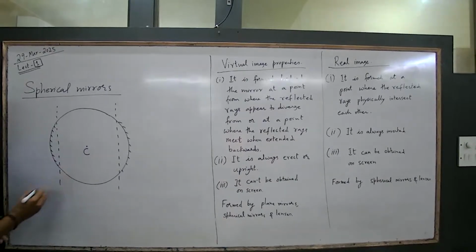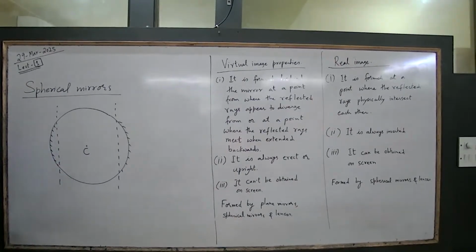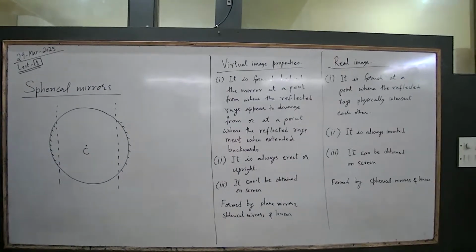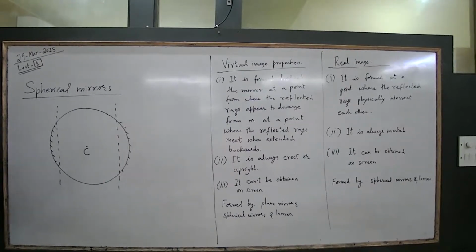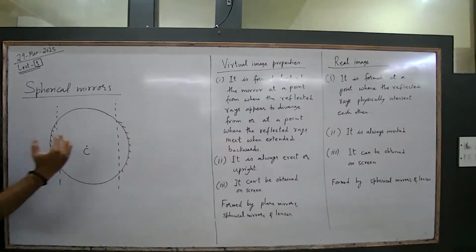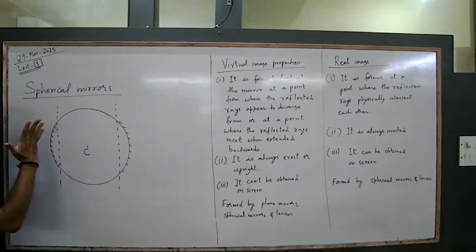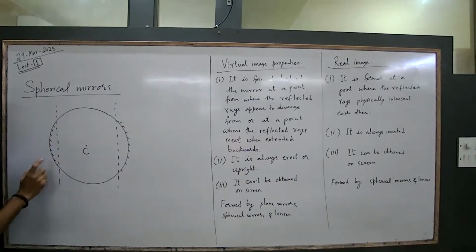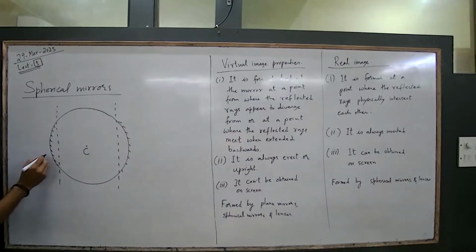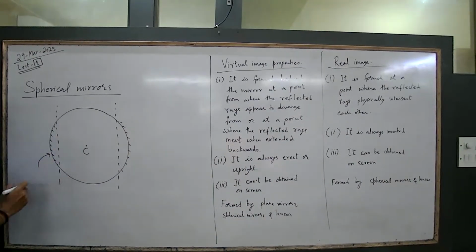So what you'll get is 2 bowls, kind of like a spoon. A spoon is oval; imagine a spherical spoon. So this will be one part, and this will be another part. One is the reflecting side, the other one is silver coated.